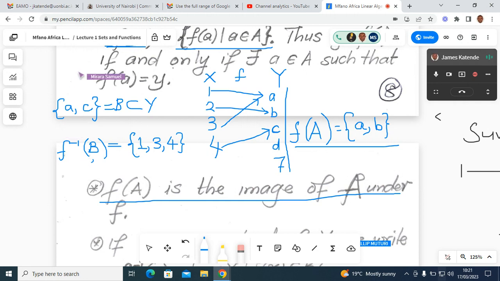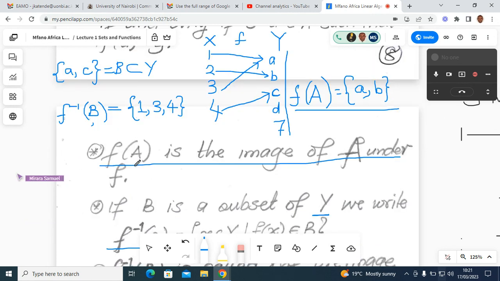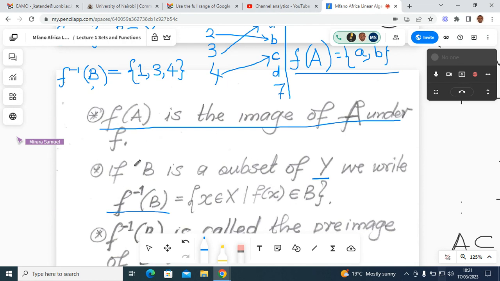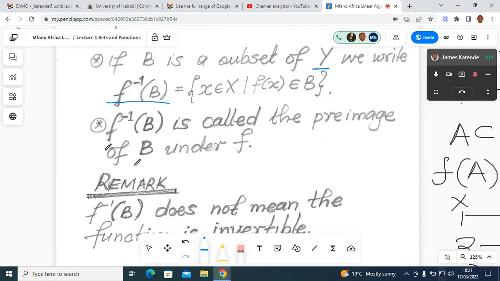We may use this later as we are working with linear transformations and so on. So this is called the pre-image of B under the function f.